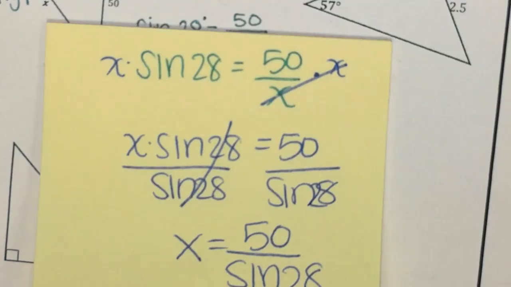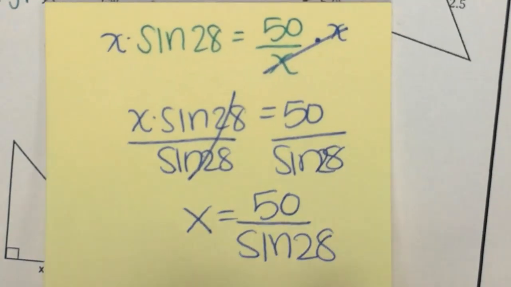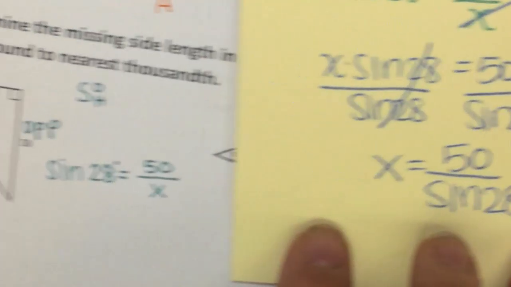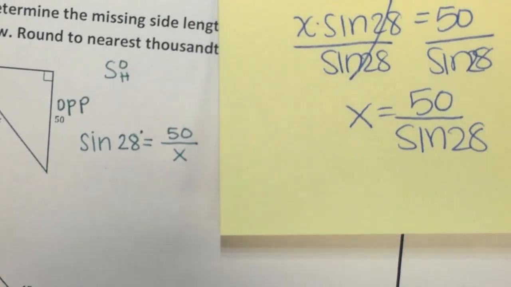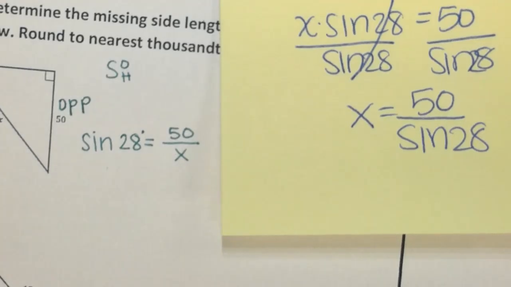However, we're going to be solving a bunch. I want you to look at what I gave you and what the answer is. What do you notice about these two things? That is going to happen every time x is on bottom.